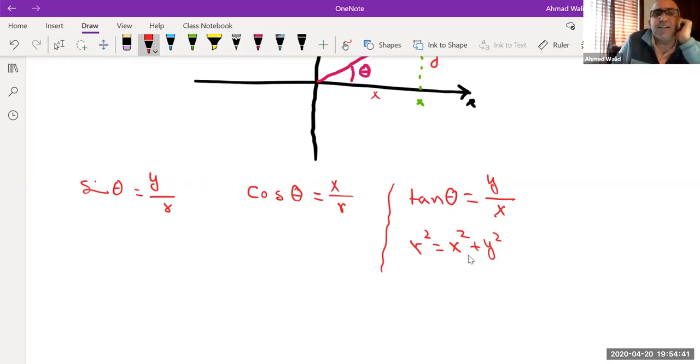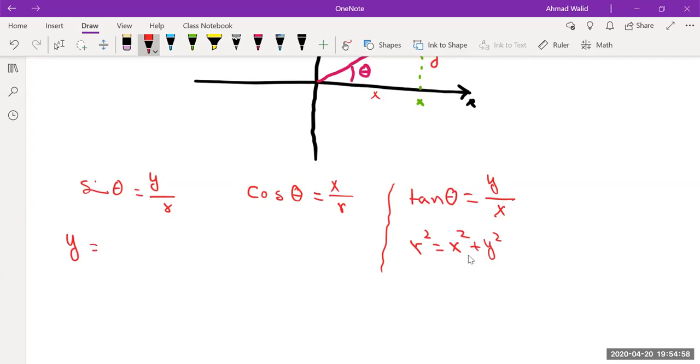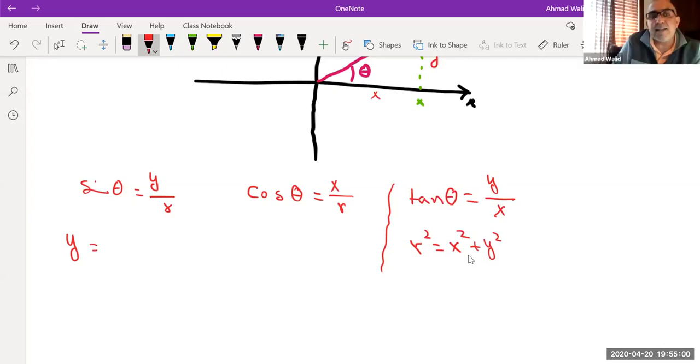From this equation that I have, sine theta equals y over r, if I ask you to solve this equation for y, can you solve it for me? What is y equal to? R times sine theta, right? Because you multiply both sides by r to solve it for y.